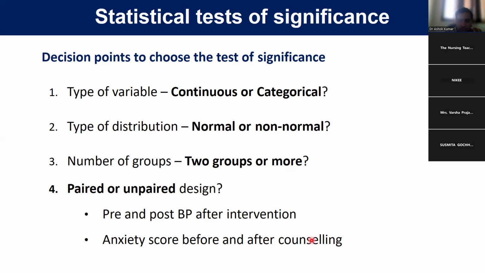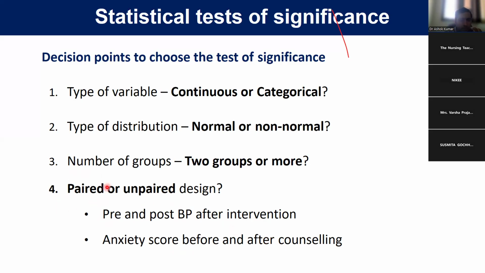Paired and unpaired design, we can see here. For example, pre and post blood pressure after intervention. This is a paired design, pre and post. Anxiety score before and after counseling or intervention, this is also a paired design.